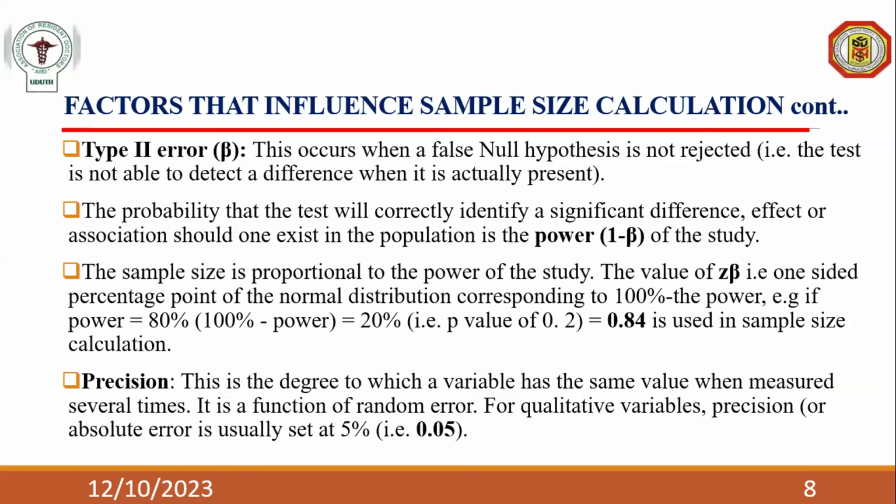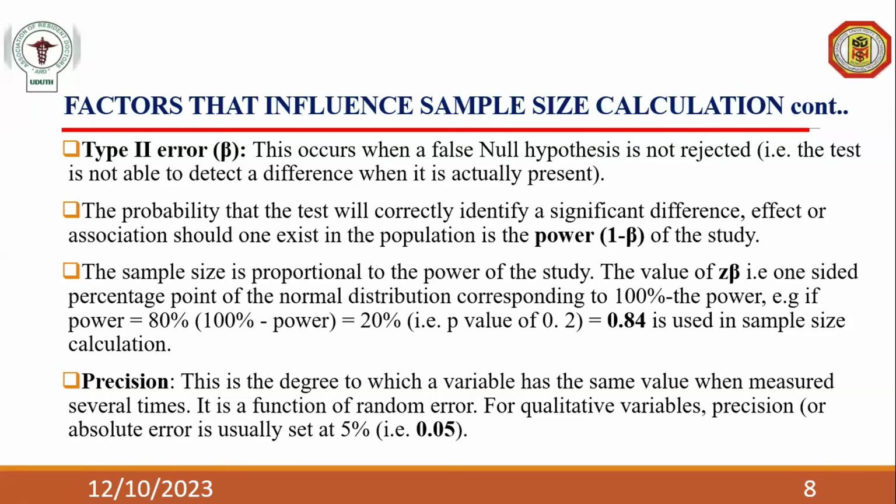So the probability that the test will correctly identify a significant difference, or a significant effect, or a significant association, should that association exist in the population, is called the power of the study.